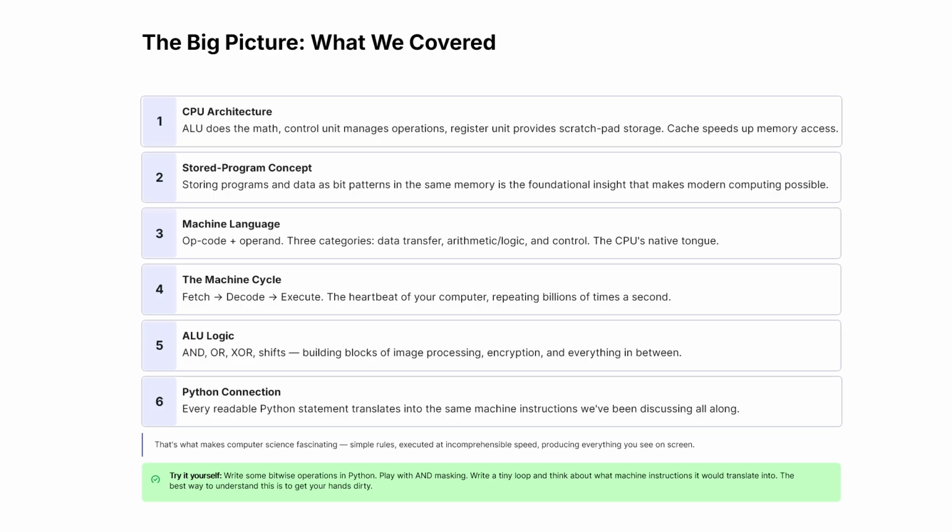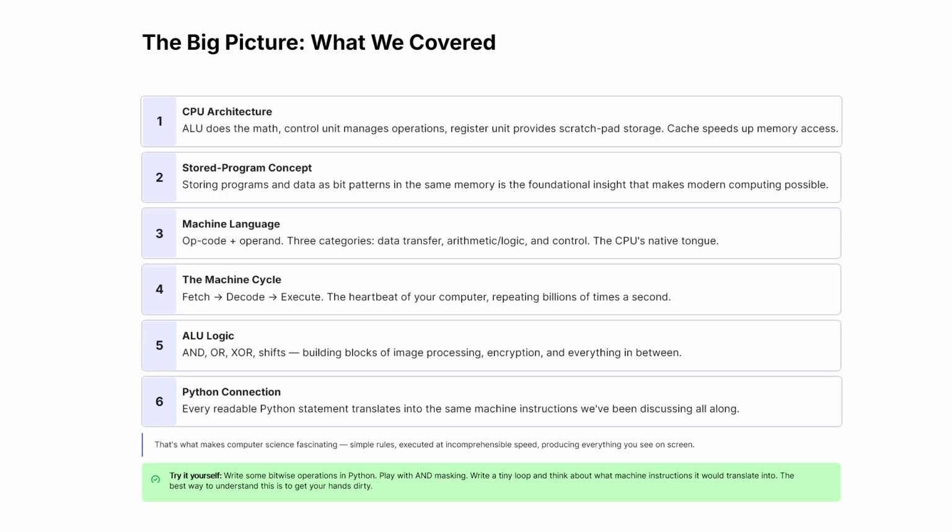And all of this connects directly to high-level languages like Python. Those simple, readable statements you write are ultimately translated into the same kinds of machine instructions we've been talking about all video. Here's the big insight to take away. Computers are incredibly fast, but also incredibly literal.